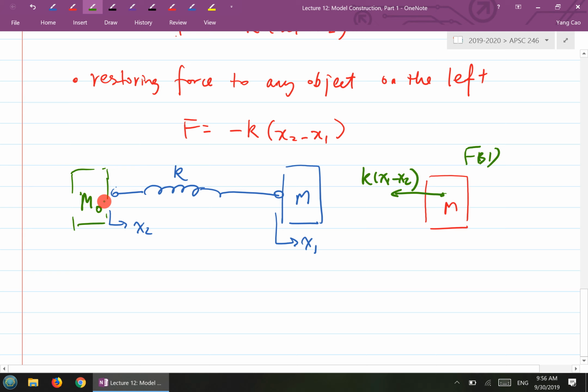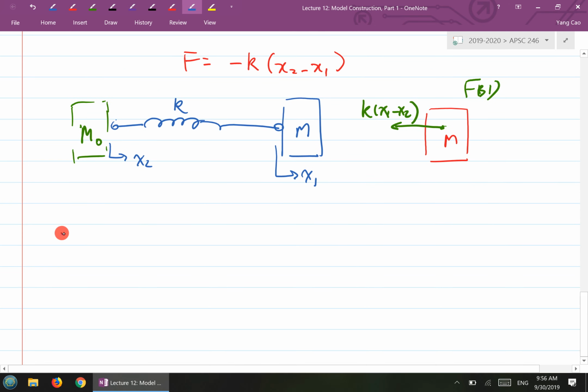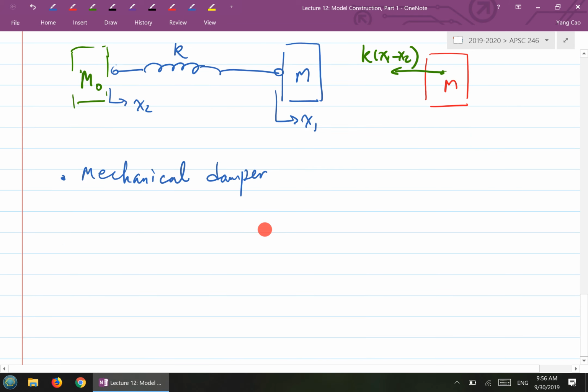Any questions? Very good. Okay, so that's the mechanical spring, and then let's look at another mechanical component called a damper, a mechanical damper. We represent a damper using this symbol here. I'll draw this a little bit precisely, because it's like a piston.